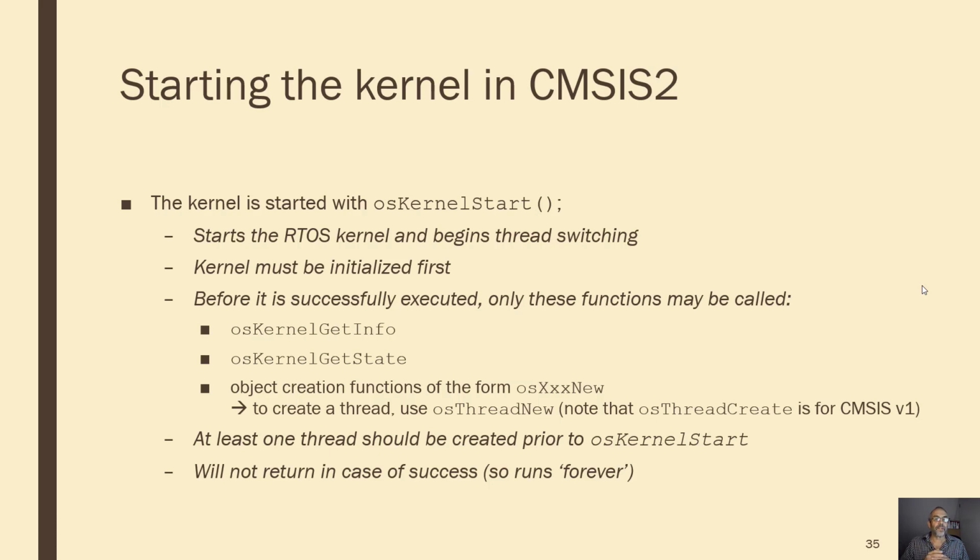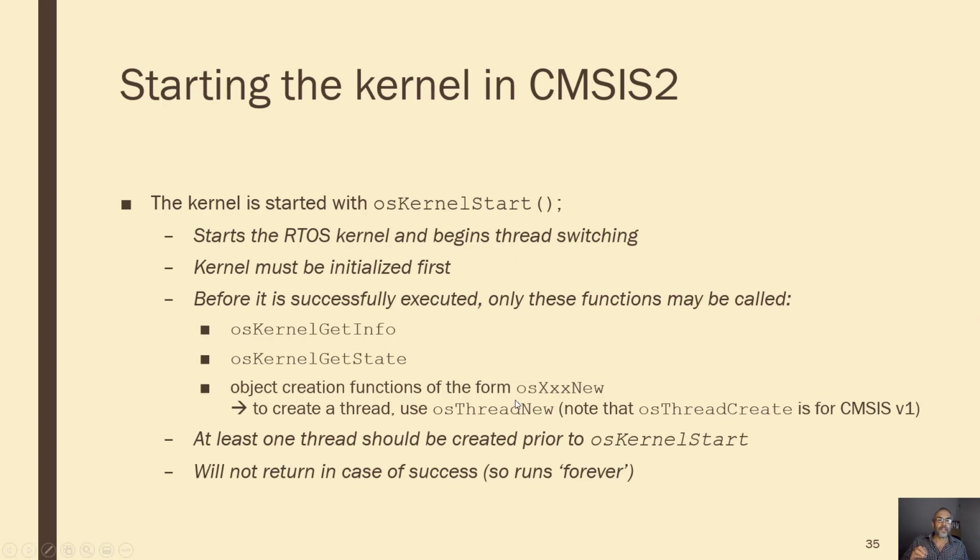Before you do osKernelStart, you can still, of course, call osKernelGetInfo and osKernelGetState, like before, and you can also create new objects. There are a number of these osXxxNew functions, osThreadNew, but also osMutexNew or osMessageQueueNew. There are a number of them.